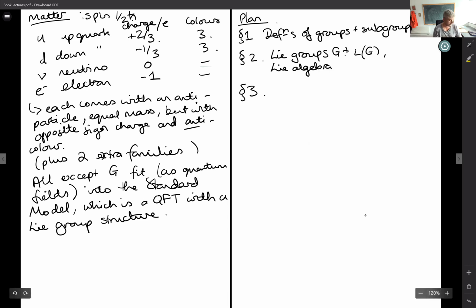So section 3. So it turns out that we can represent both Lie groups and Lie algebras with matrices, non-singular square matrices, and we can represent the group operation with matrix multiplication. And these matrices to represent each group are called representations for obvious reasons.